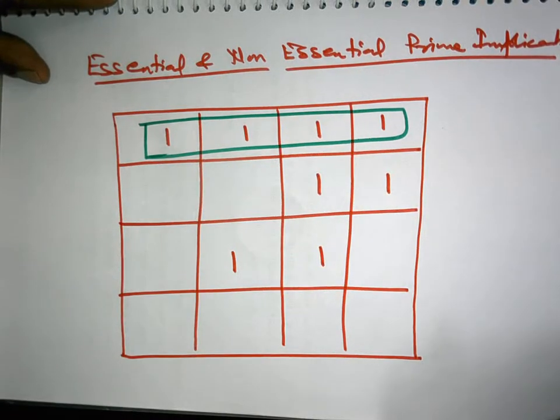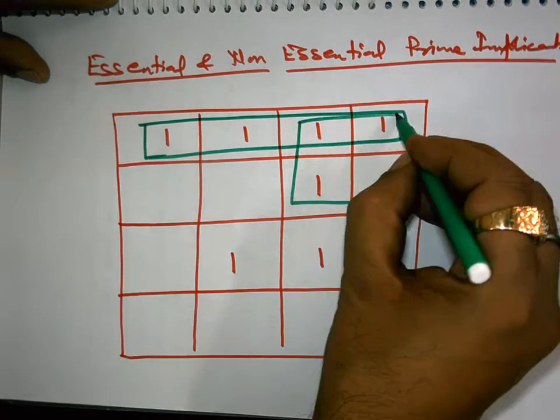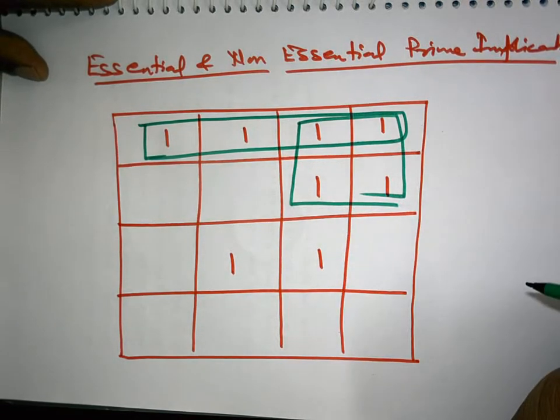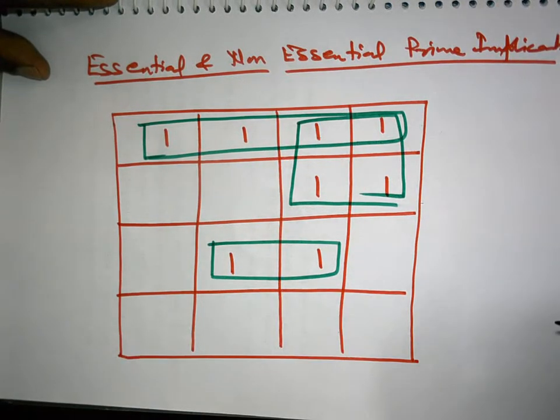This is the biggest available group. Then this is the biggest available group. Then this is also the biggest available group.